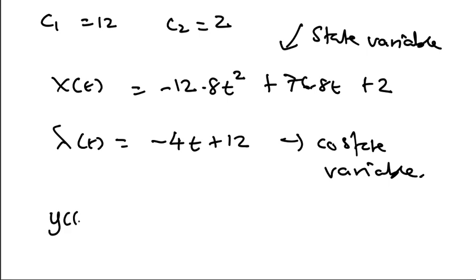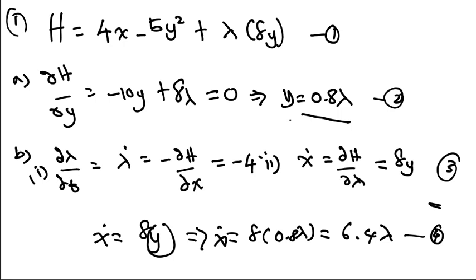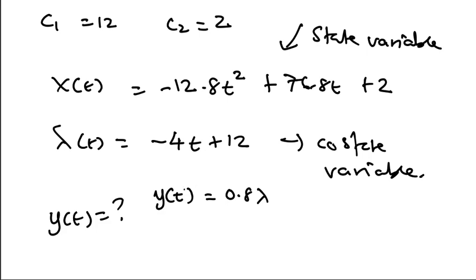Now, we can find the final solution for the control variable y(t). We need to find what y(t) is. Earlier, we found this, isn't it? Remember, y(t) is equivalent to 0.8 lambda from the previous exercise. So here, see equation 2. From 2, we have this. So what is y(t)?